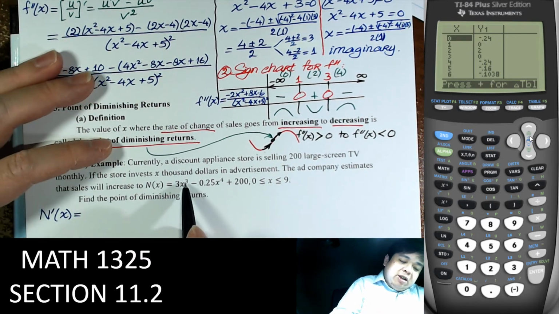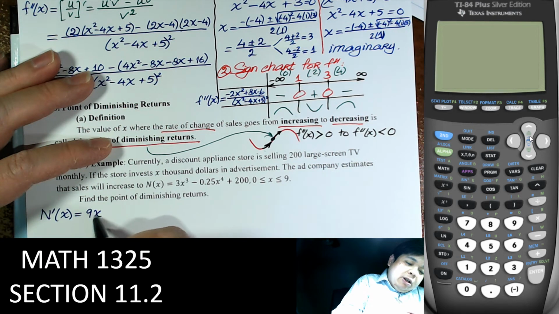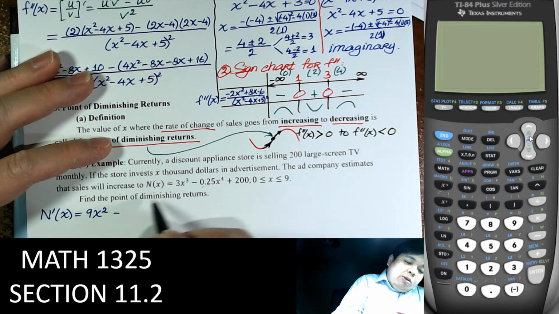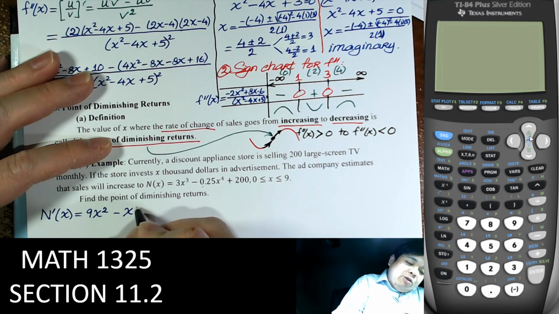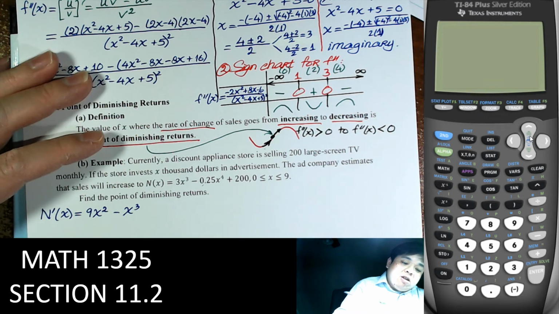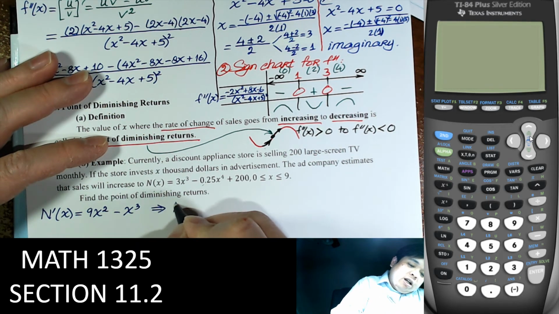The derivative of this is 9x squared, and 4 times 0.25 is conveniently x cubed, and the 200 is a constant, so its derivative is 0. Then we take the second derivative.